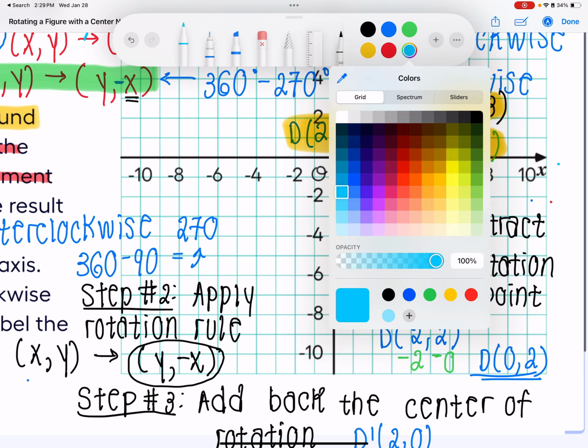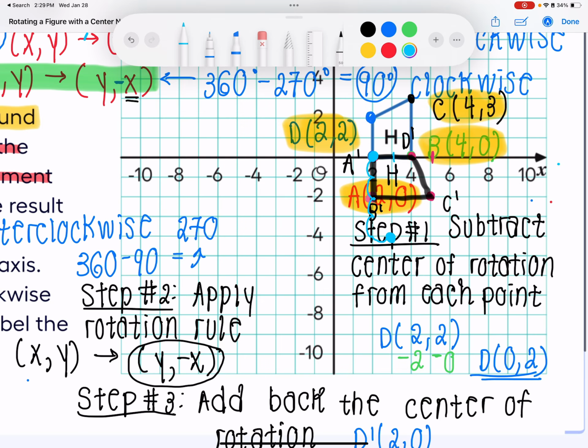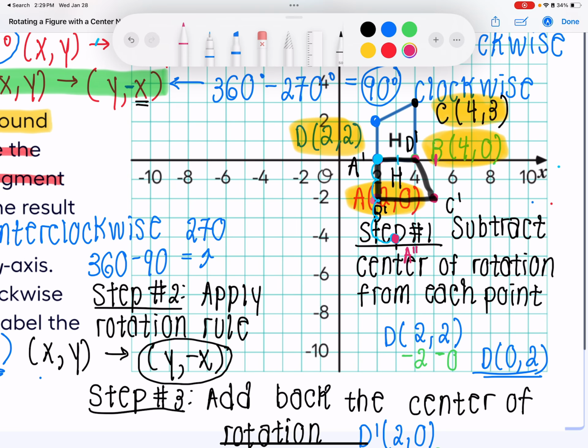As a matter of fact, I already did A prime. So when I transform that, you can write it as A double prime. Okay, so this point here is A double prime. And B prime was right here, right?